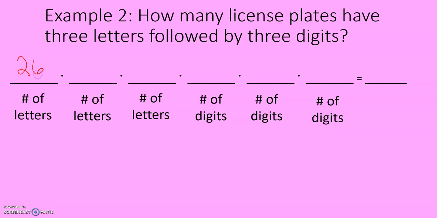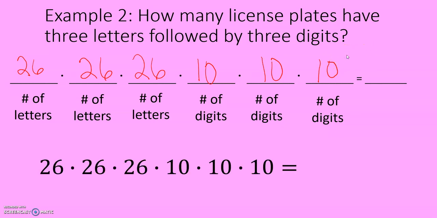So there can be 26 letters in the first spot, 26 in the second spot, 26 different letters in the third spot, then 10 digits, 10 digits, 10 digits. So there are 17,576,000 combinations of 3 letters followed by 3 digits.